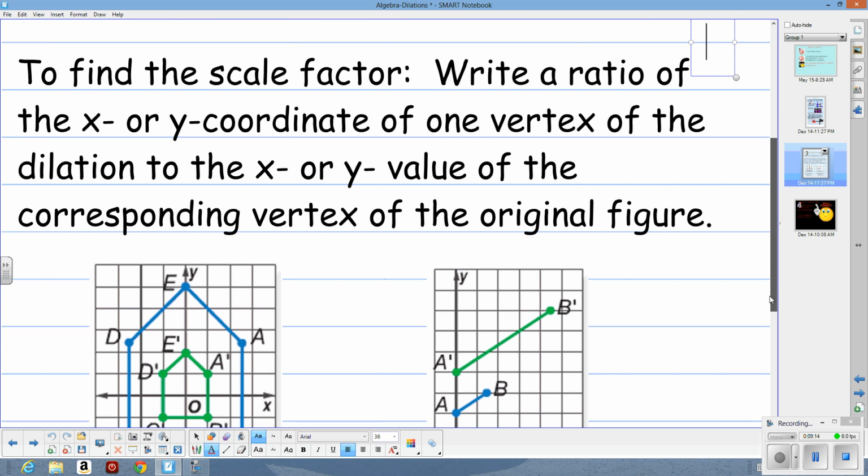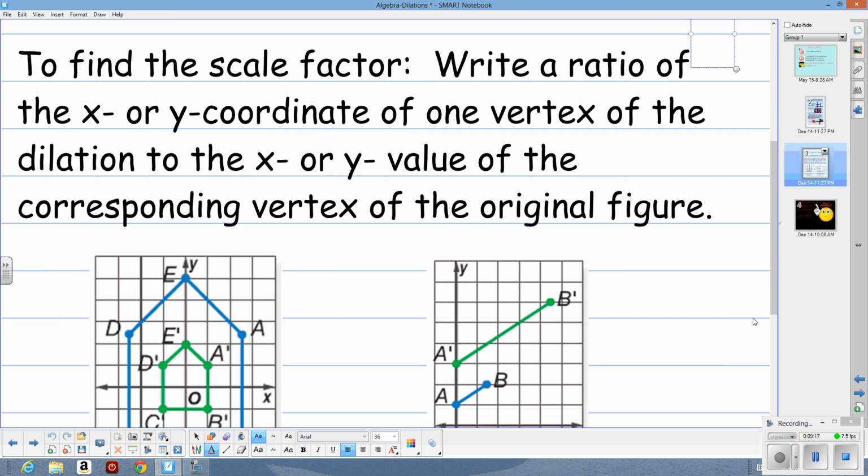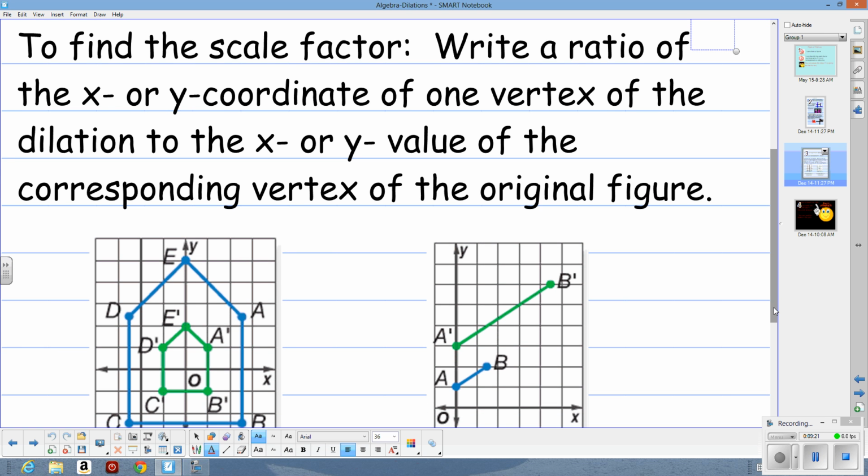The last thing we're going to do is actually find the scale factor. This is probably the trickiest part. It says write a ratio of the x or y coordinate of one vertex of the dilation to the x or y value of the corresponding vertex of the original figure. Basically, just like when we talked about scale models and drawings, it's the model over the actual.